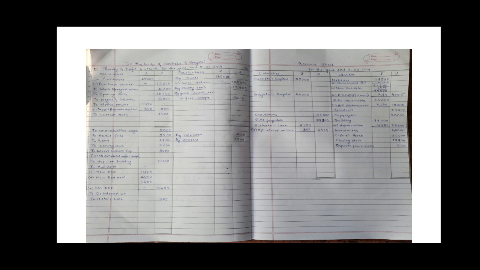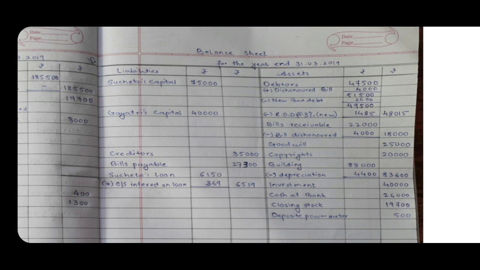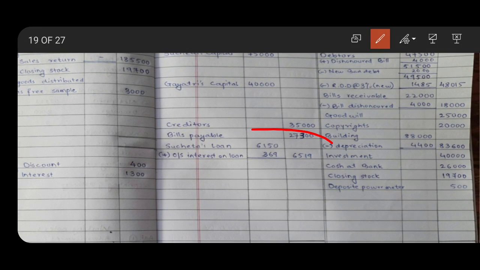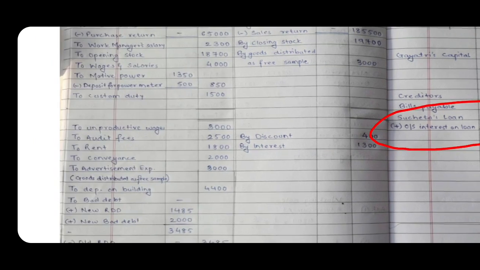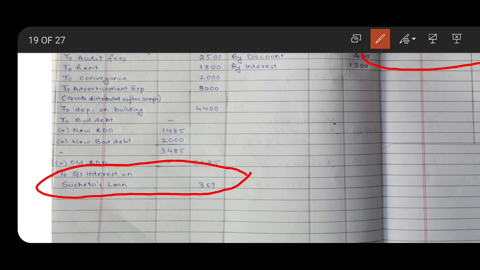Here you can see, on the liability side we were having Sucheta's loan balance, we have added outstanding interest on loan 369, and as the second effect, on the debit side of profit and loss account, to outstanding interest on Sucheta's loan, we write the amount of interest, that is 369 rupees.